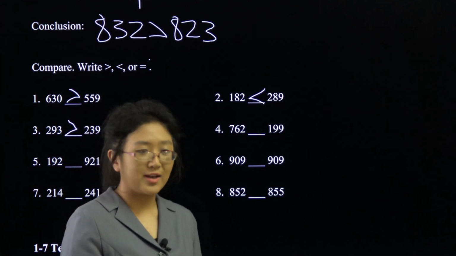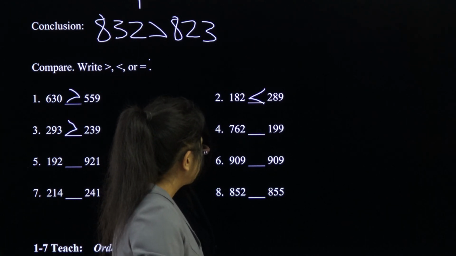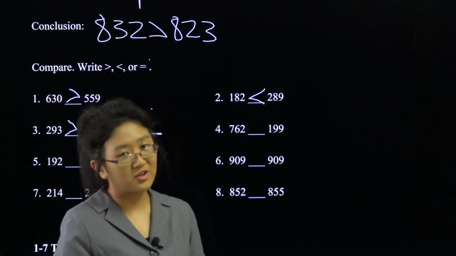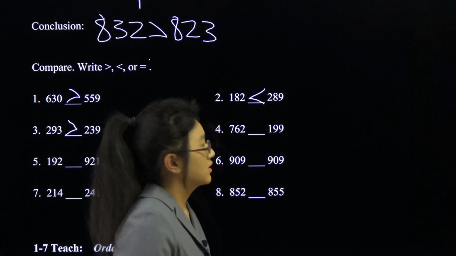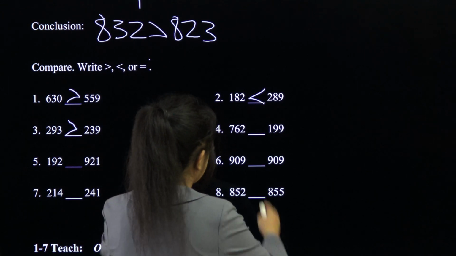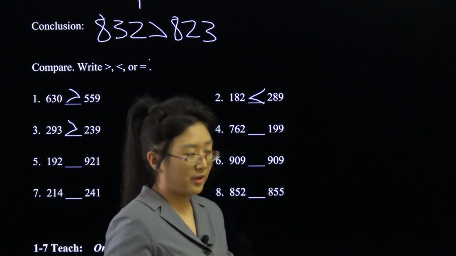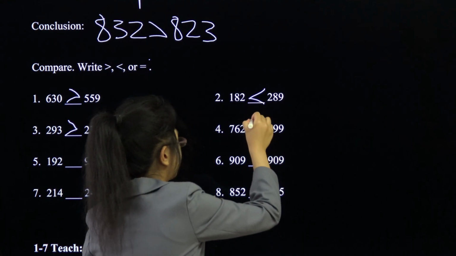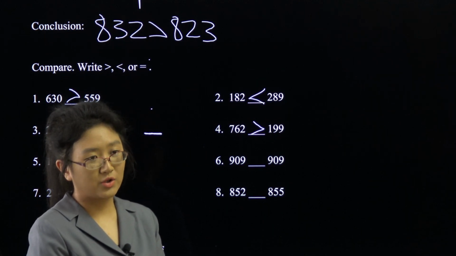762 and 199. We look at the first digit. Well, actually, no, we look at the number of digits first. And then we realize that for all these questions over here, they're all 3 digits. So we can't go with that strategy. We look at the leftmost digit, 7 and 1. 7 is bigger than 1. Therefore, 762 is bigger than 199.